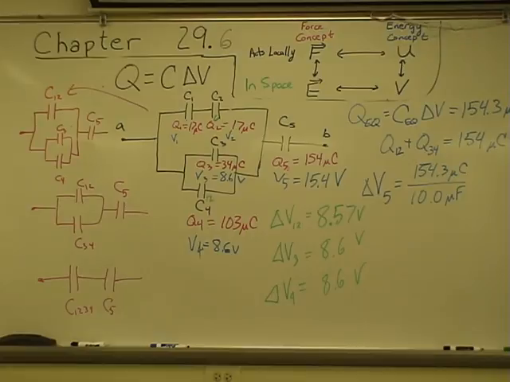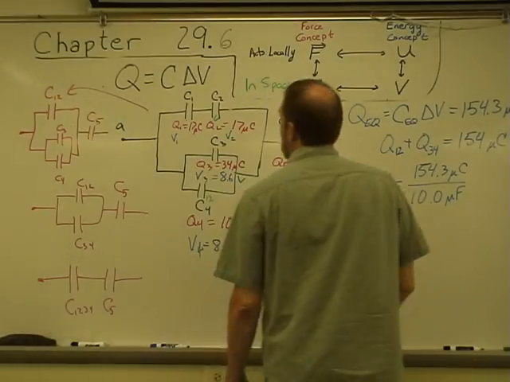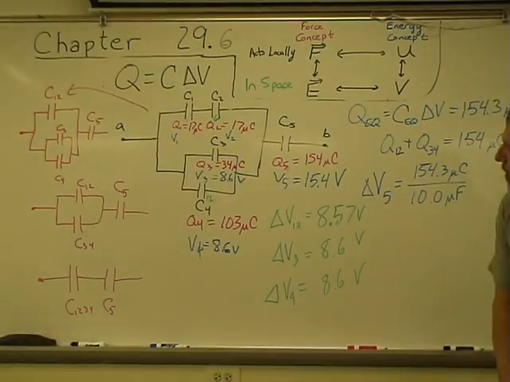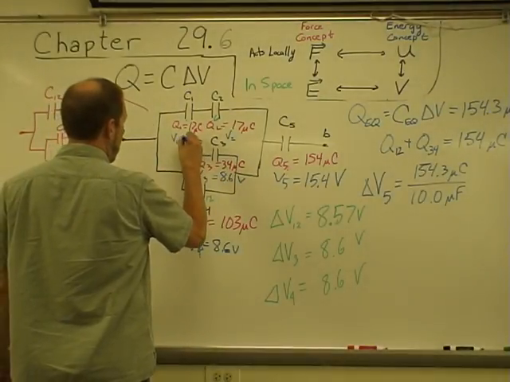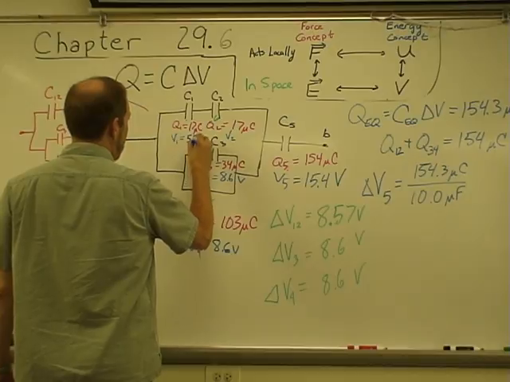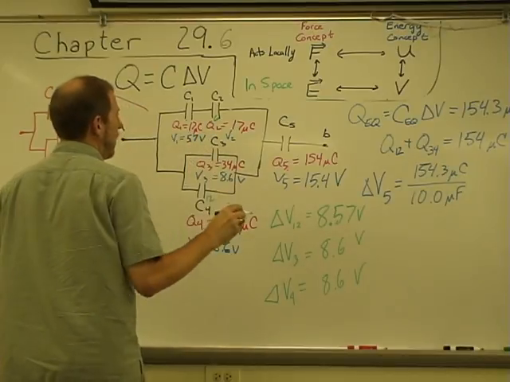Now, I can then find the change in potential, and that should work out if I'm remembering this correctly. So the change in potential is the charge divided by C1. So 17 divided by 3 is 5.7 volts.